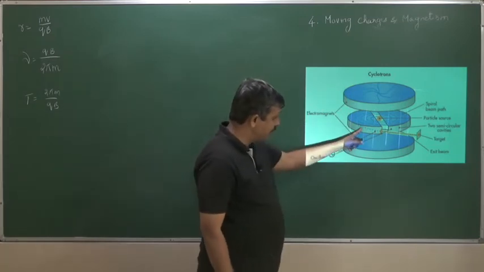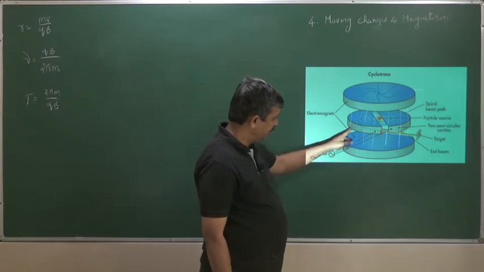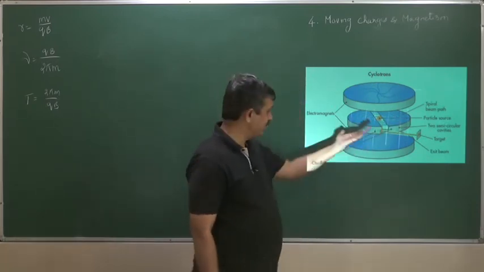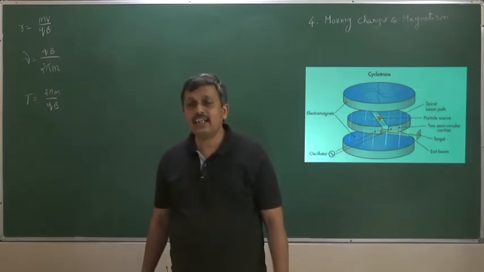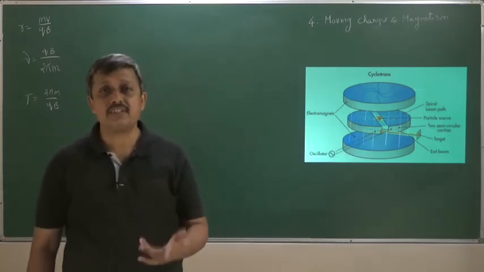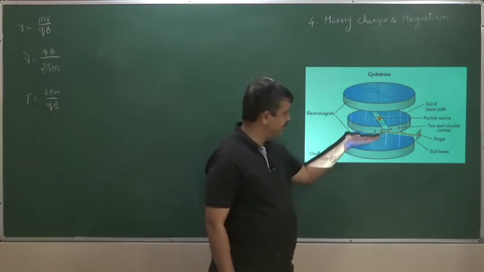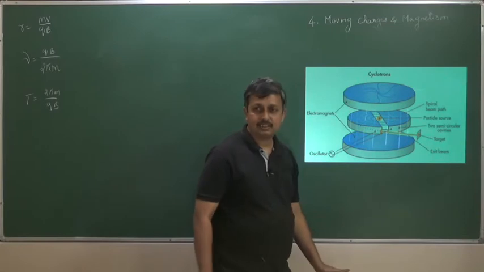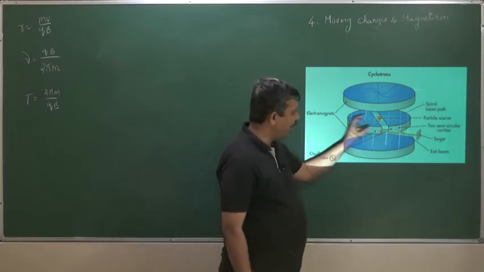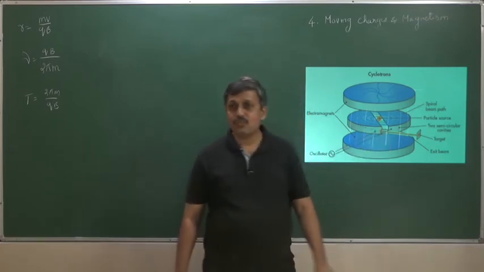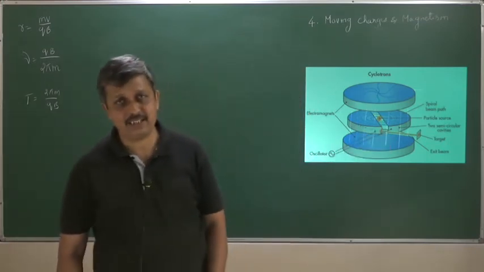In the middle, you can see very clearly that there is a cavity, a disc kind of a thing. It is a slightly peculiar disc, in the sense that it is not a full complete disc. It is split into two parts. There are two halves of the disc, slightly separated, hollow discs.